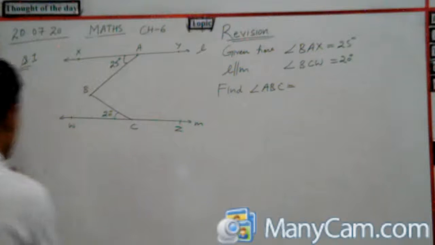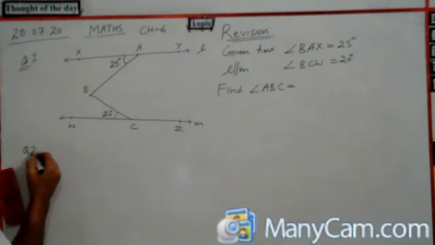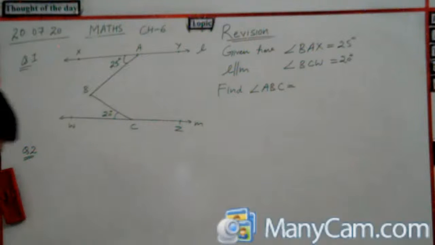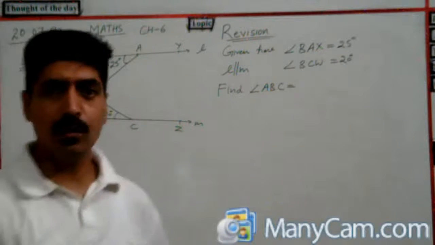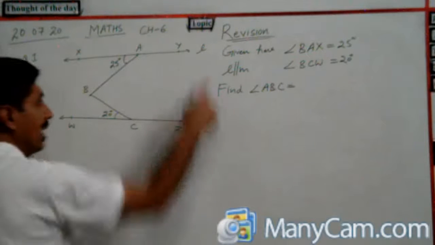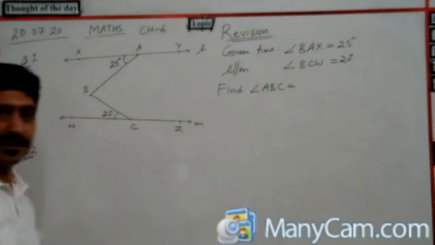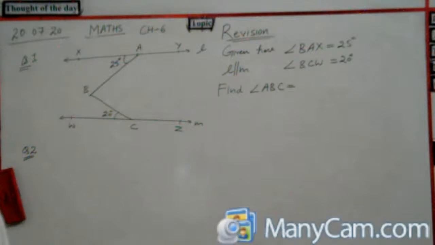Question number 1. Now your question is here. These two lines are parallel to each other. Find the angle ABC, right? So next question we have.